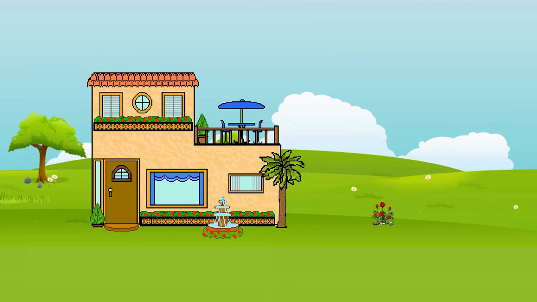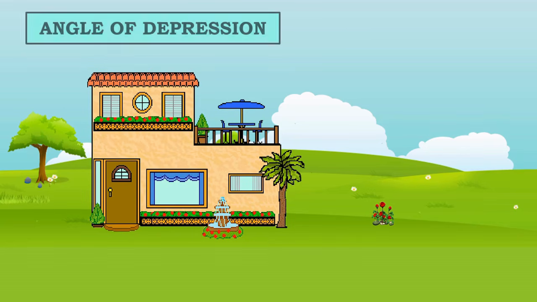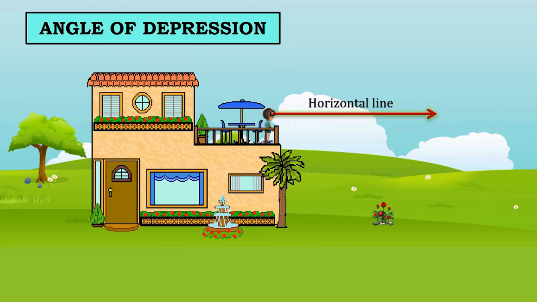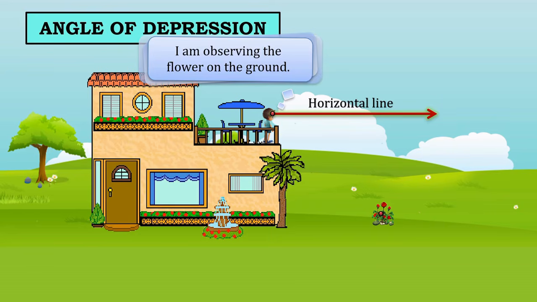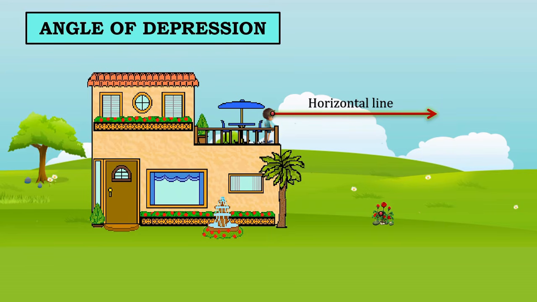Now let's learn about another important term, angle of depression. This time, imagine that I am standing on the balcony of a building and looking down at a flower on the ground. First, notice the line passing through my eye and parallel to the ground. This is the horizontal line.